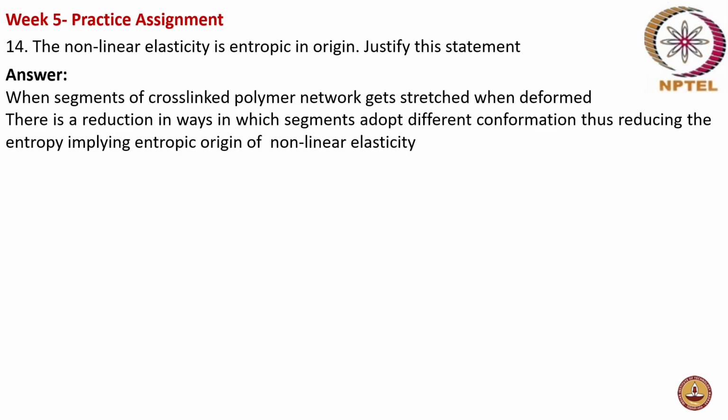When you stretch a rubbery material from a coil-like state, the number of configurations it can take gets reduced as you stretch the polymer. So the entropy reduces, the conformational entropy, and this decides the elasticity. Once you release the stretching, it comes back to the original state. That is why nonlinear elasticity is entropic in origin. Hope you are able to follow.